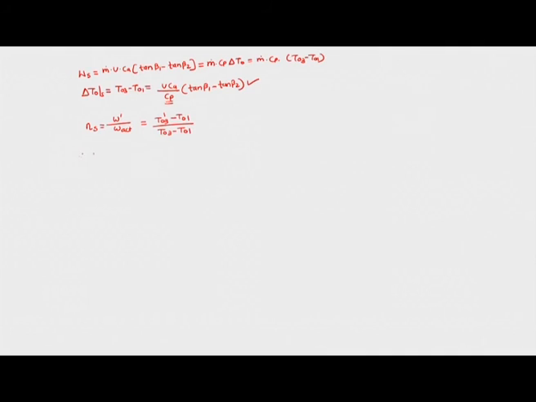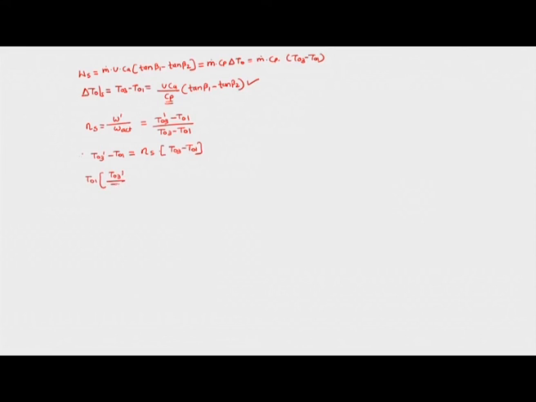So T naught 3 dash minus T naught 1 is equal to the isentropic stage efficiency of the compressor into T naught 3 minus T naught 1, but T naught 3 minus T naught 1 is known to us from the right hand side.